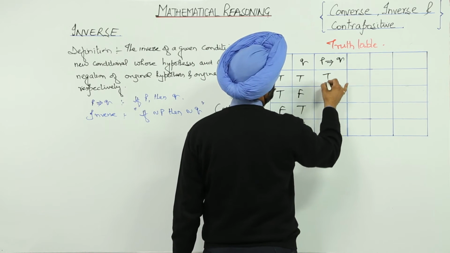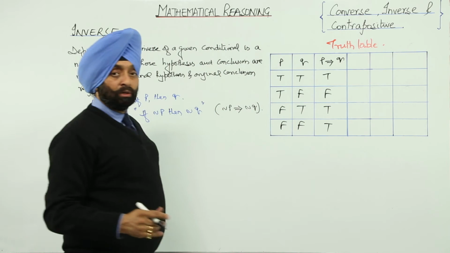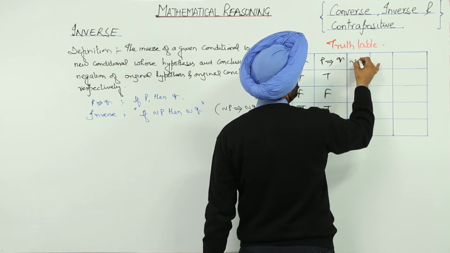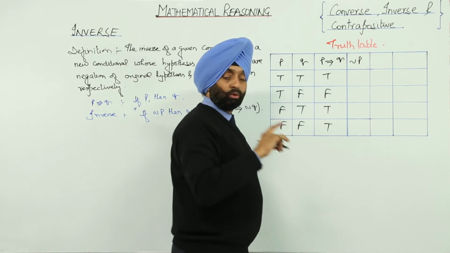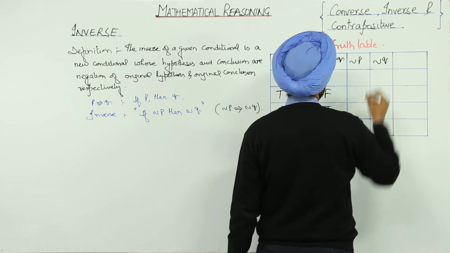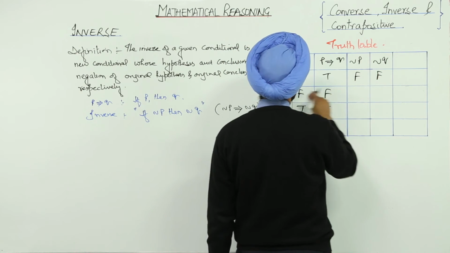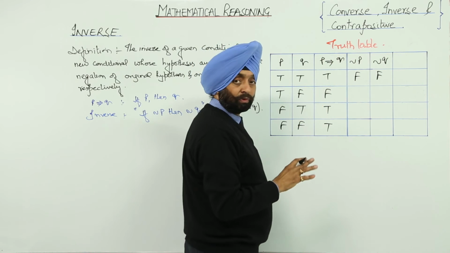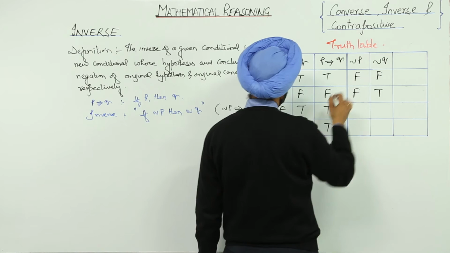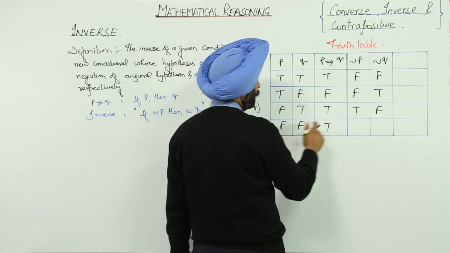So the result will be true, false, true, true. Now we want negations of the original hypothesis, that is negation of the original conclusion. Now this becomes false and false because here it is true and true, so this becomes false and false. Then false and true, true and false, true and true.